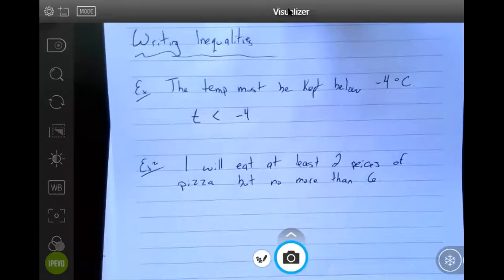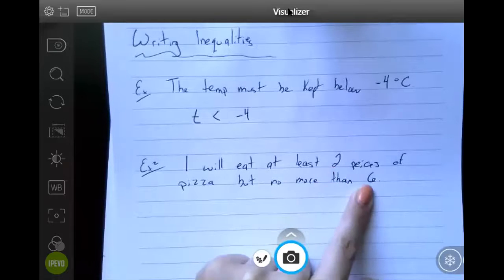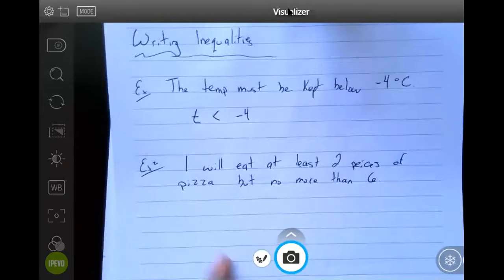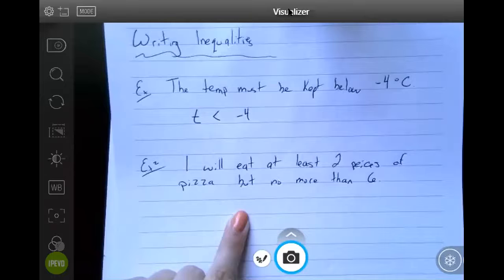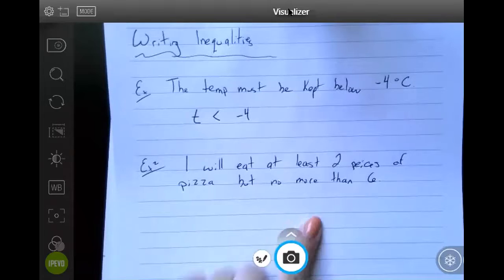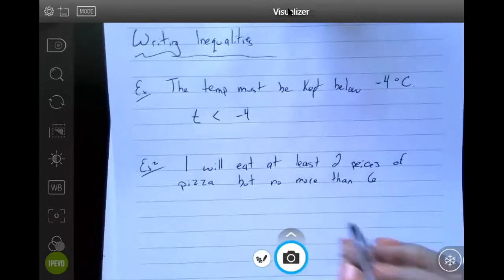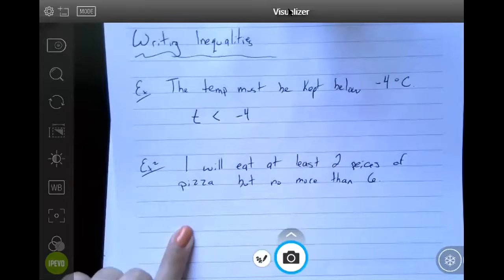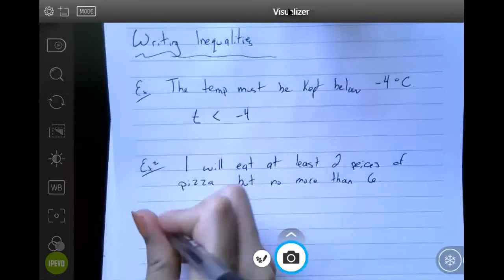Okay, in this second example here, I will eat at least 2 pieces of pizza, but no more than 6. You have been given 2 numbers. Now, when you're given 2 numbers, the order is always number, symbol, variable, symbol, number. So I'll always go from my smallest number to my largest number.